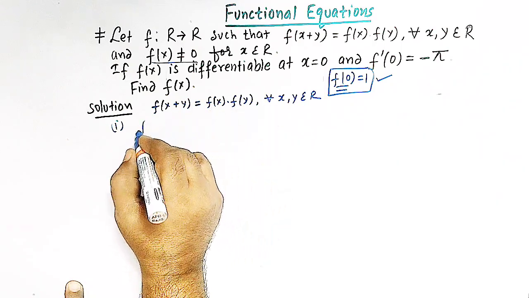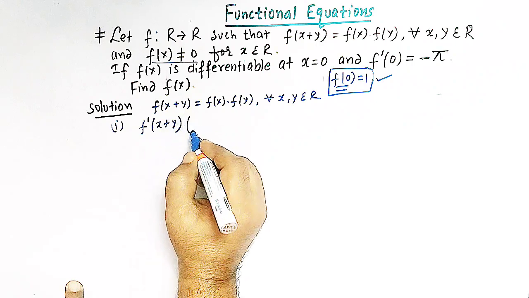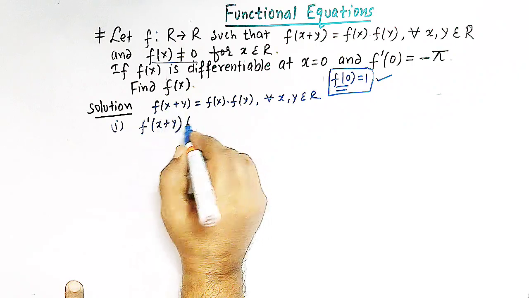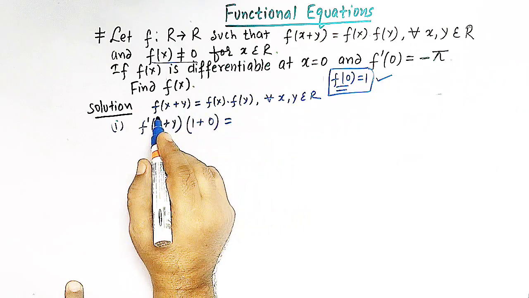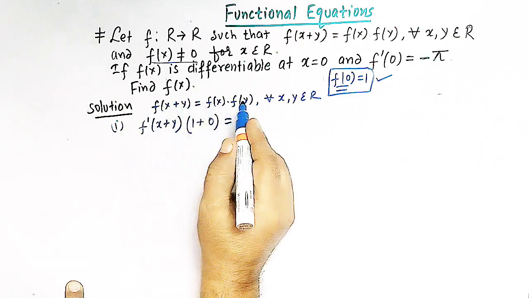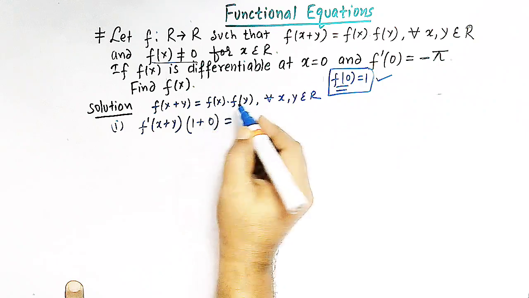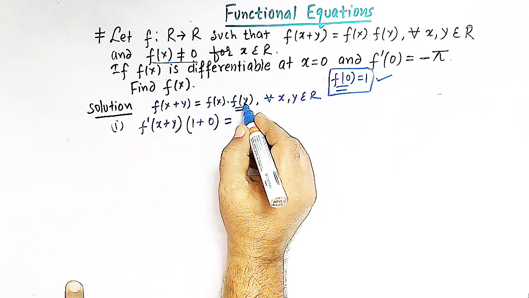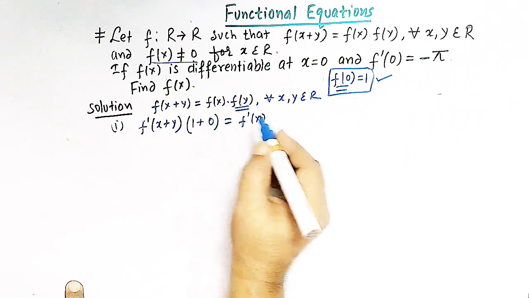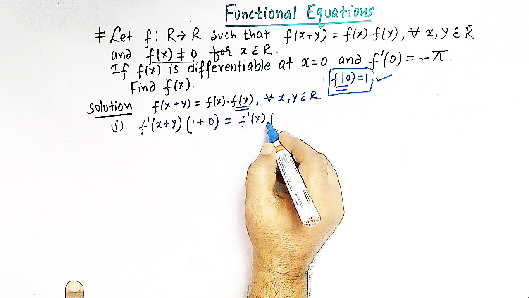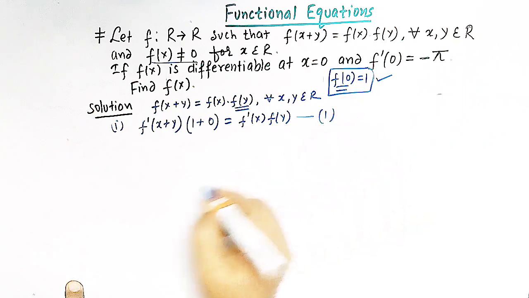So we have here f prime of x plus y, and by chain rule, the derivative of x is 1 and the derivative of y is 0, because when we differentiate partially with respect to x, then y is treated as constant. And here we have f of y as constant, so we have simply the derivative of f of x. So we have f prime of x and f of y. So let us call this equation as equation number 1.